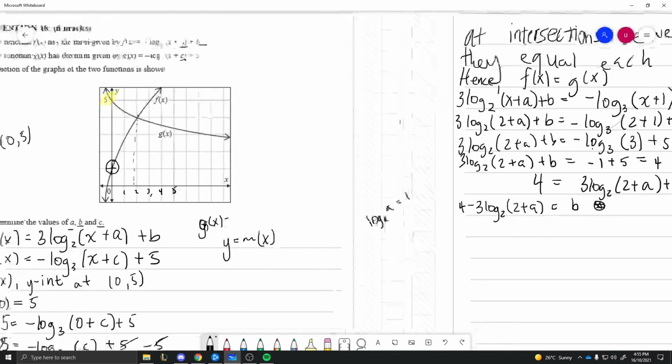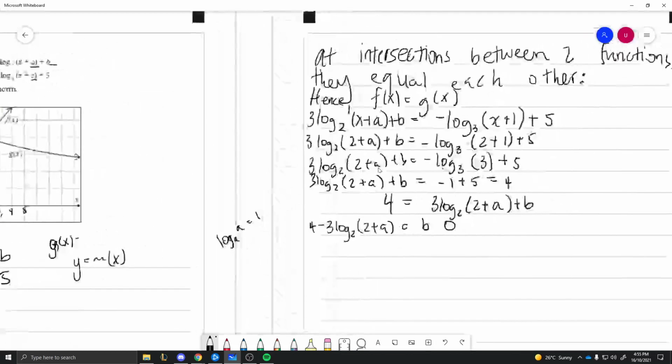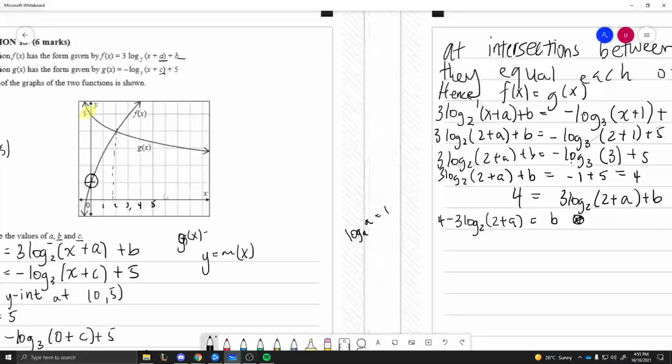Okay, now at this point here, let's start working with that. Sorry, I accidentally did this, so let's just leave that there and remember this equation. Now, f of x intersects the y-axis at this point, which is y equals 1.